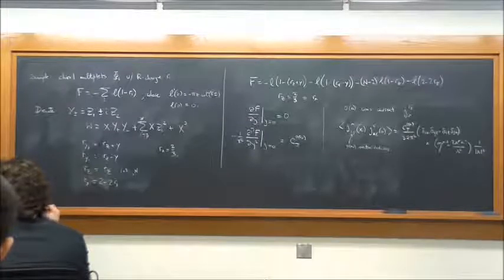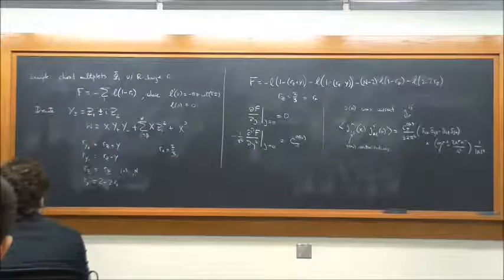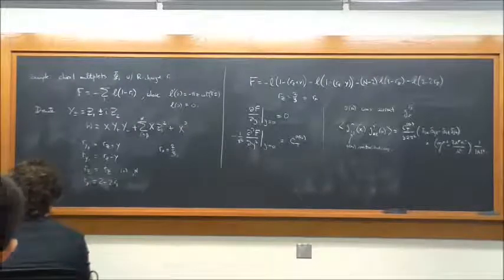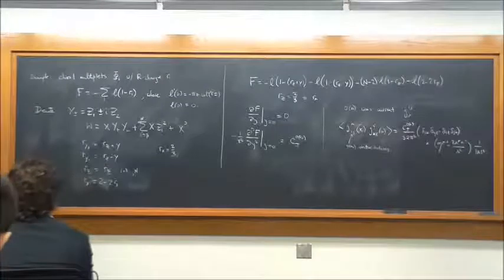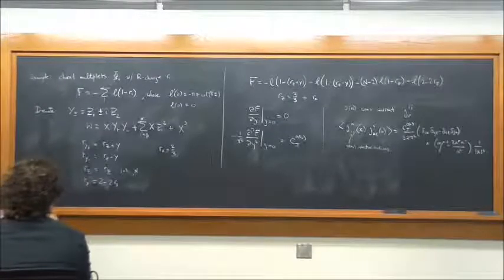I'll write it again. When writing down this 4-point function, we can take the OPE of the first two operators and the OPE of the last two operators. We should get the same answer as when we take the OPE of the second and third and the first and fourth.